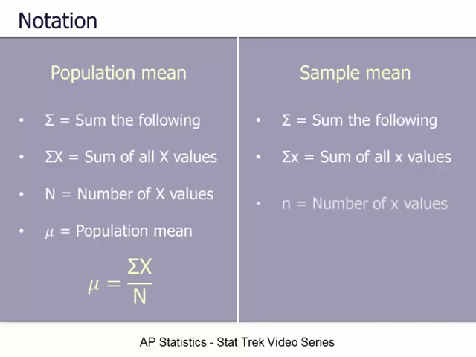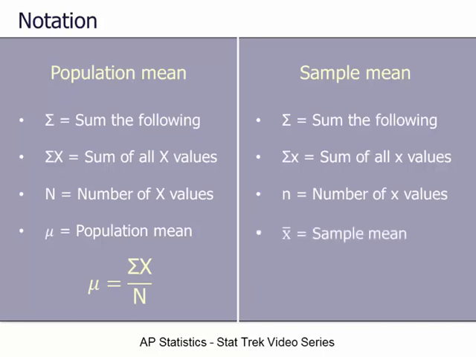And the number of x values is denoted by a lowercase n instead of an uppercase N. And the sample mean is denoted by x bar instead of mu. So the formula for the sample mean looks like this. These formulas illustrate a common theme with statistical notation. Population attributes are often denoted by Greek letters or uppercase Roman letters, and sample attributes by lowercase Roman letters.